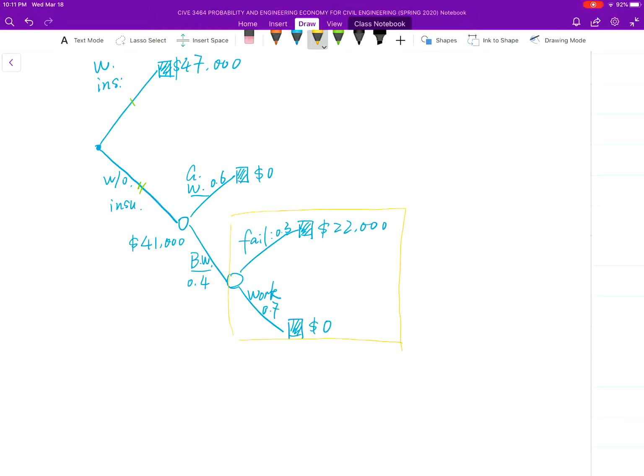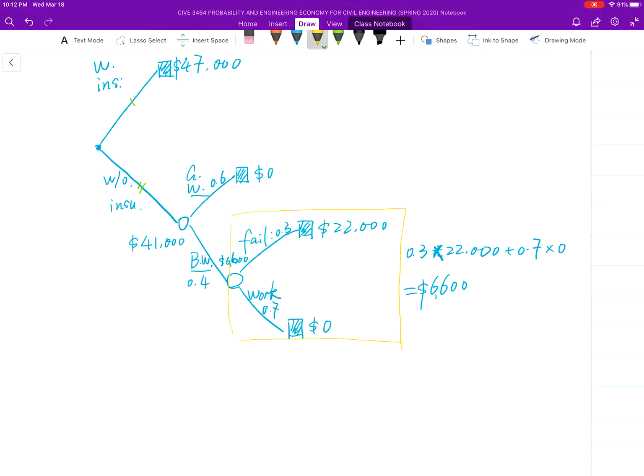So the cost here is 0.3 multiplied by 22,000, plus 0.7 multiplied by 0. This gives us 6,600. That's the expected cost at this point. 6,600, that's the cost here.